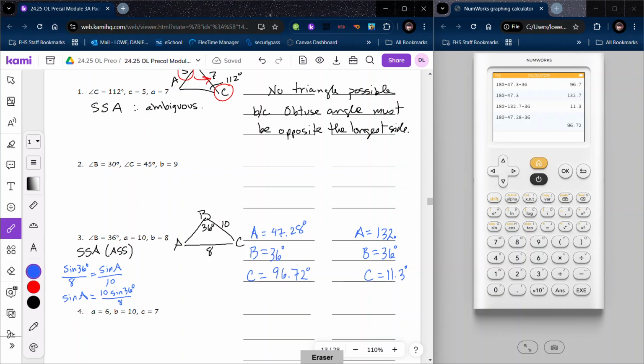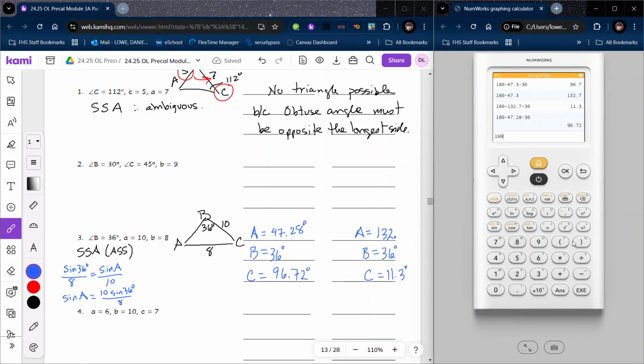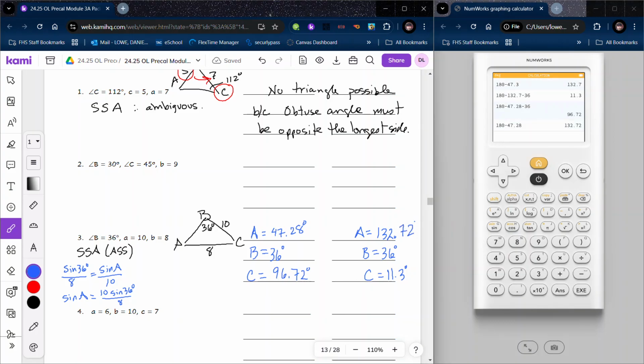Similarly, if we do 180 minus 47.28, because we were asked to do 2 decimal places, that would be 132.72 degrees.